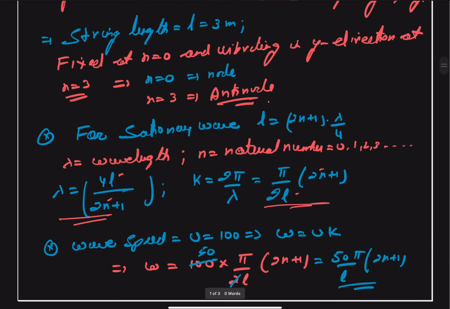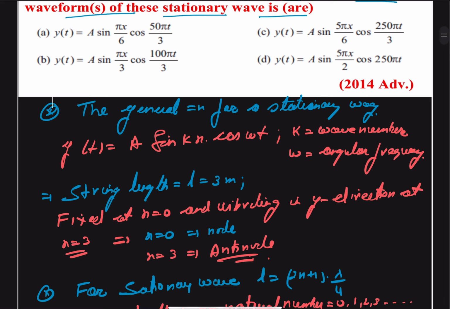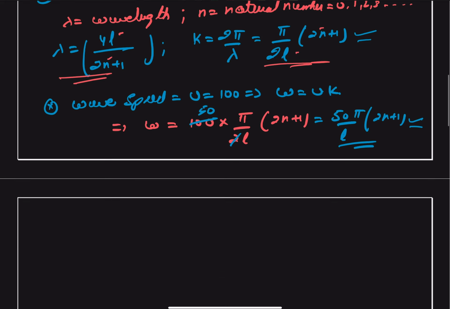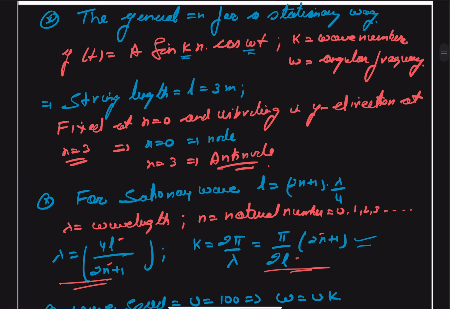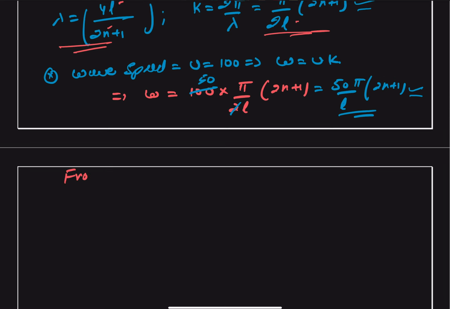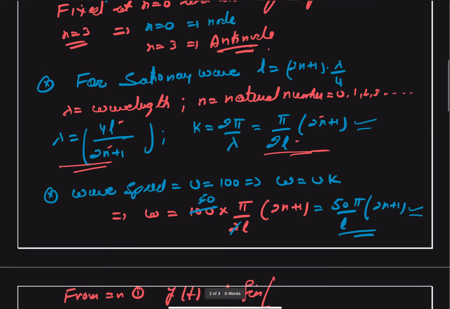So in the standard equations, we are mainly interested in the value of k as well as the value of omega in terms of natural number as well as the length of the string, which we already got. So this is our wave number as well as angular frequency. Okay, so let us substitute it in the general equation. Let us call this equation number 1. So from equation 1, we can write y of t is equal to a sine of kx.